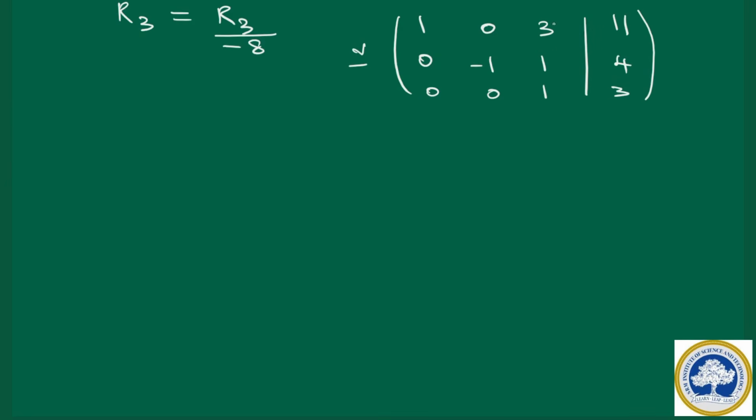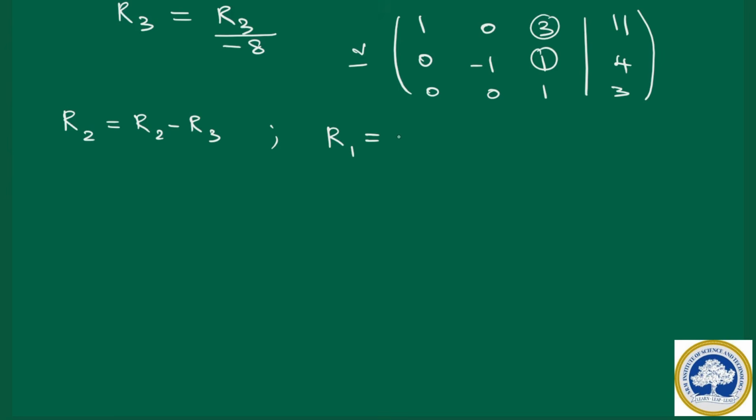Now, with this being 1, we have to convert these two elements to 0. So what is the row operation for R2? For R2, it will be R2 minus R3, because R3 is 1 and R2 is 1, so if you subtract directly, you will get 0. So R2 minus R3 is 0. Similarly, how to make this 3 as 0?